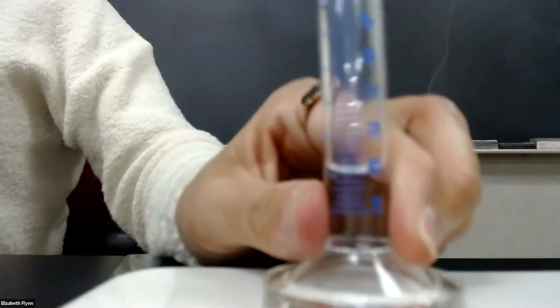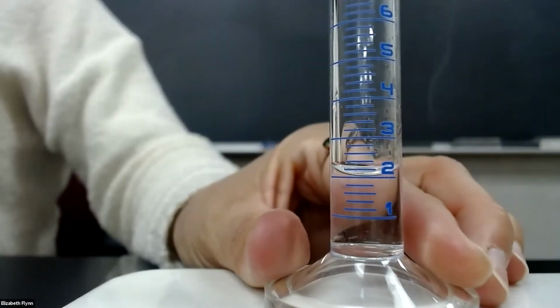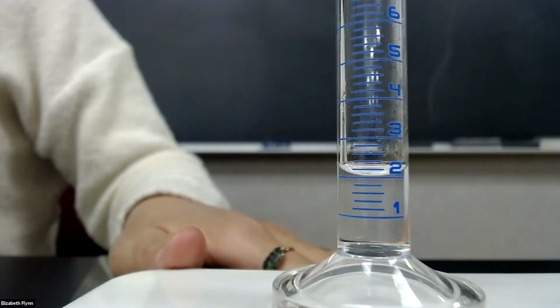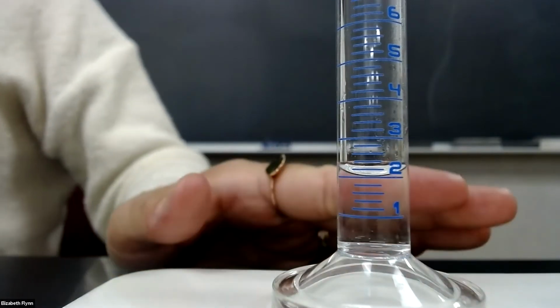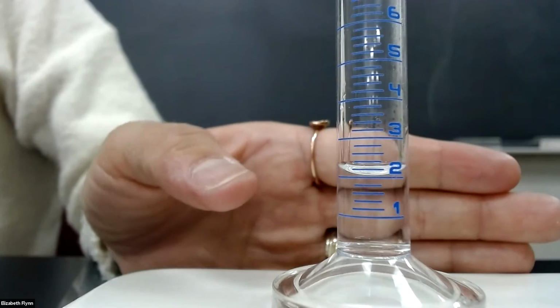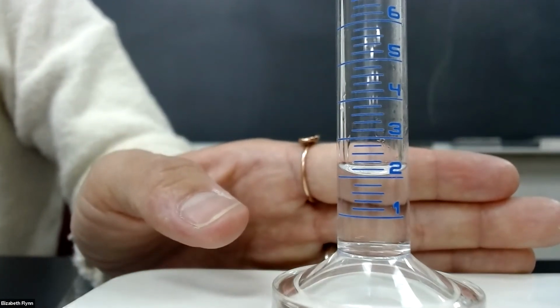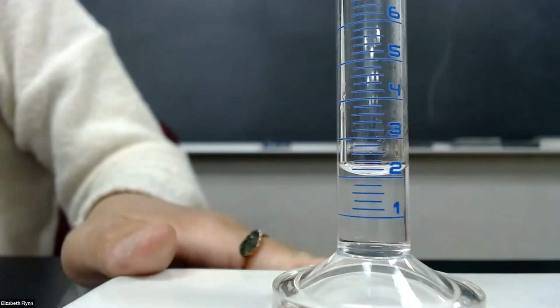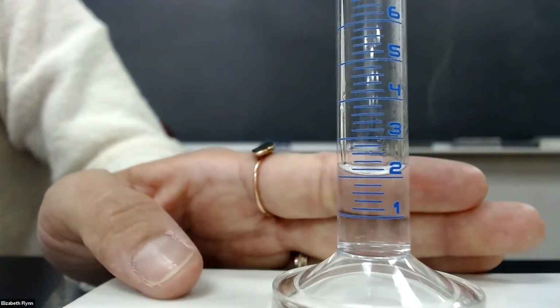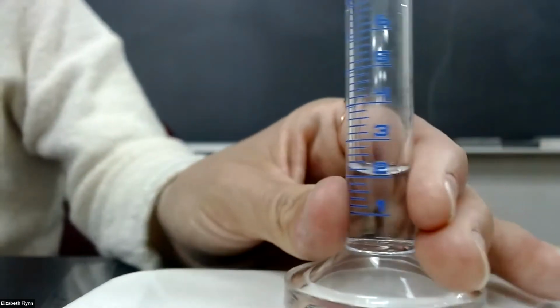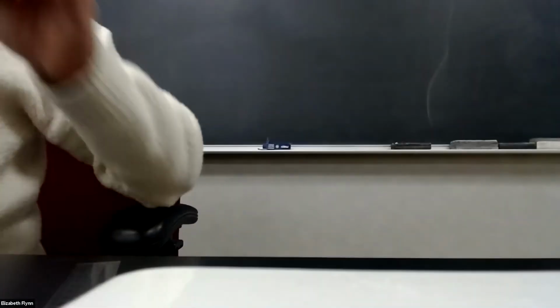All right, now we've got our 10 milliliter graduated cylinder. And let's see, what does that look like to everyone? You know what I want to do? I want to make this just for teaching purposes.